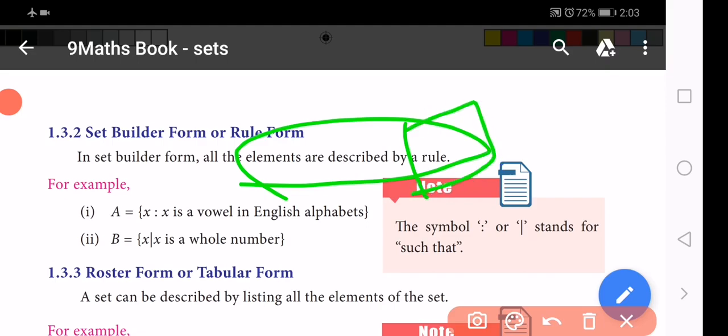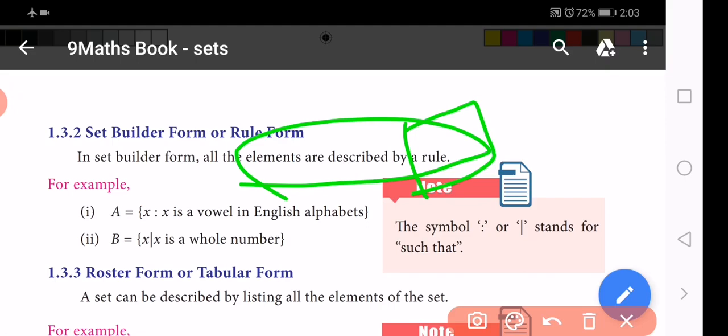Here rule means the common property for all the elements. We mention the common property of all the elements within set notation, and this is called the set builder or rule form.